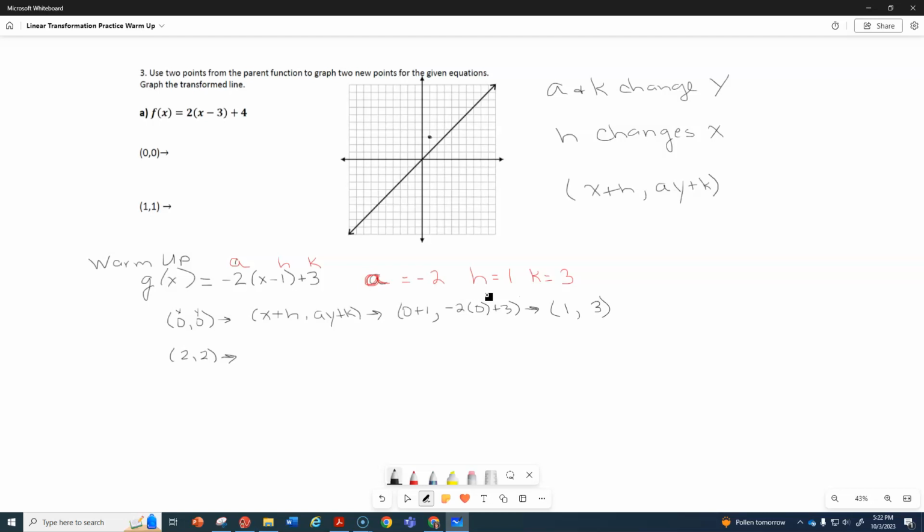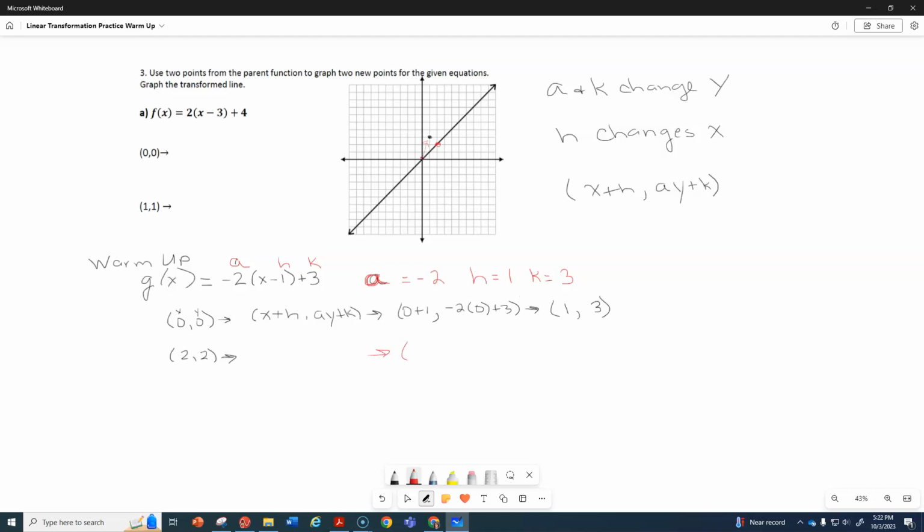Now the point 2, 2 is right there. There's 0, 0, which went right there. Where is 2, 2 going to go? I'm going to use the same formula.